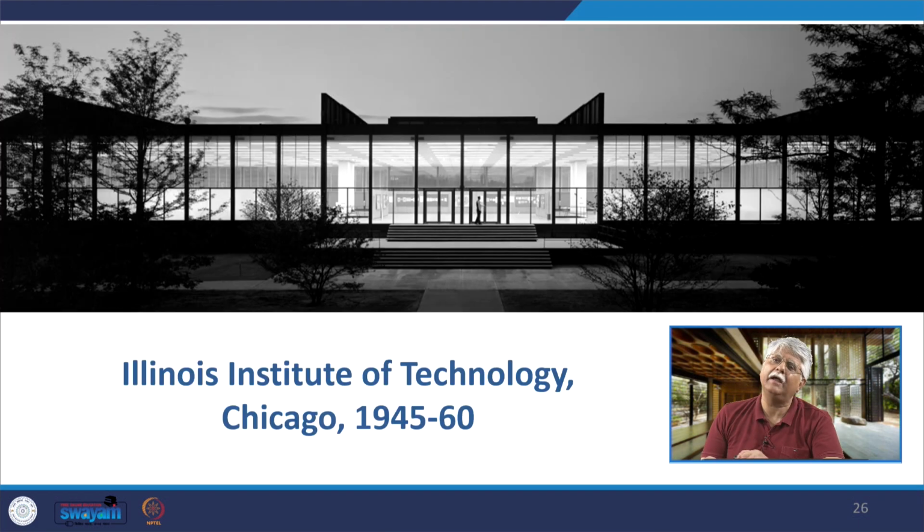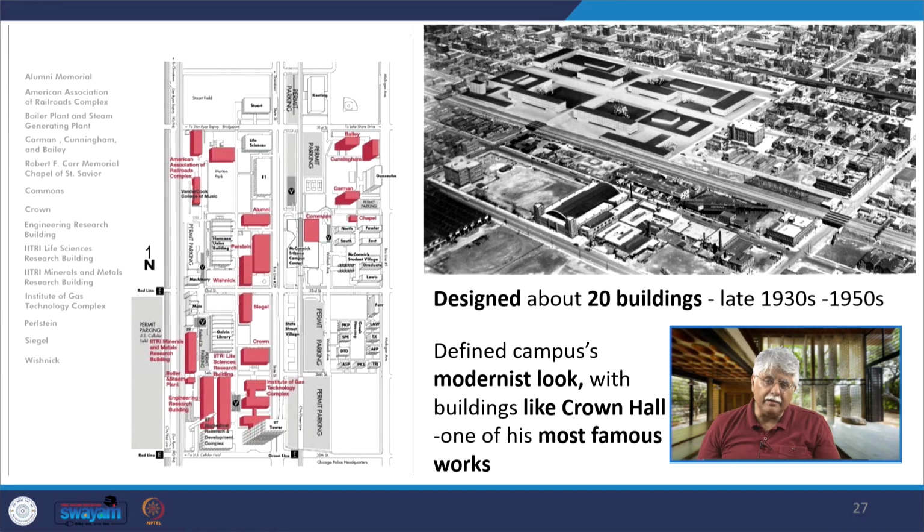Then we have the IIT Illinois in Chicago. When he landed in America, he got a teaching assignment in IIT Illinois, and there he ended up designing 20 buildings on the campus. He gave them a completely new kind of architectural vocabulary for America and particularly for IIT Illinois.